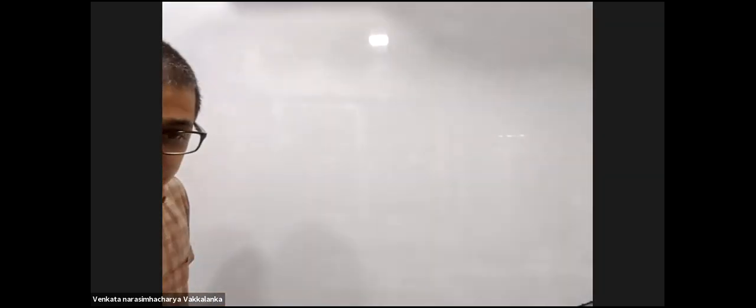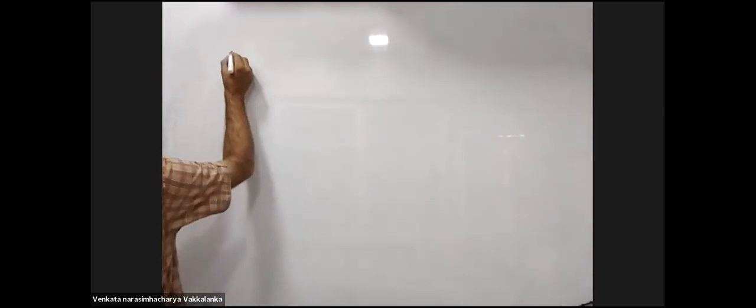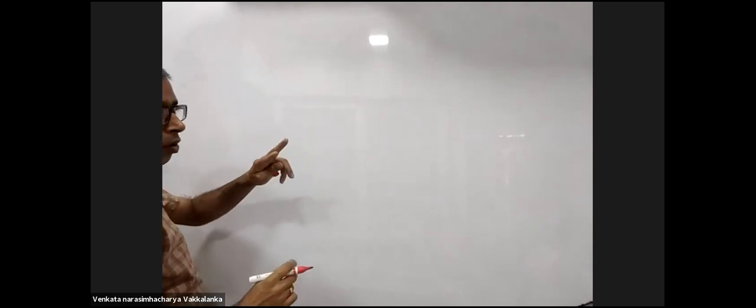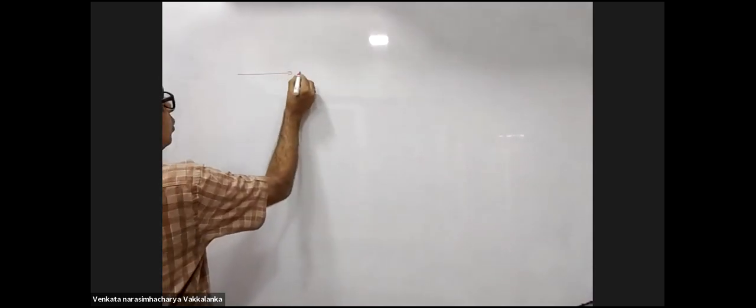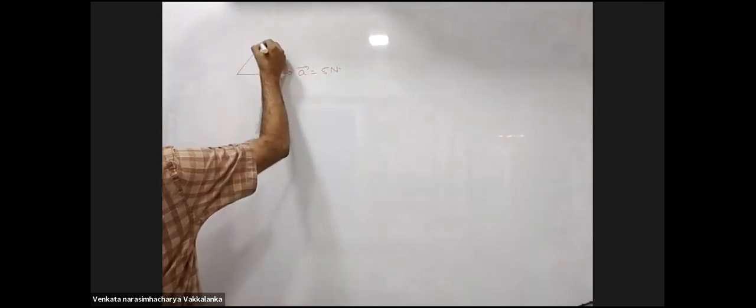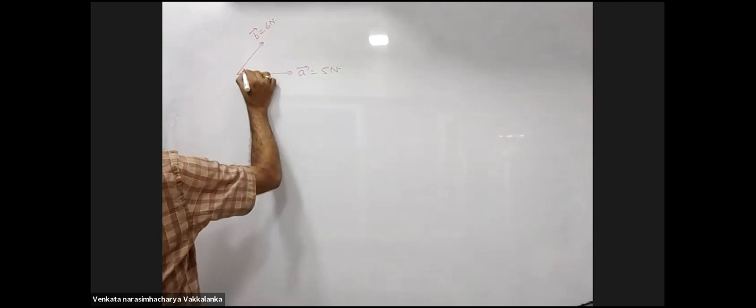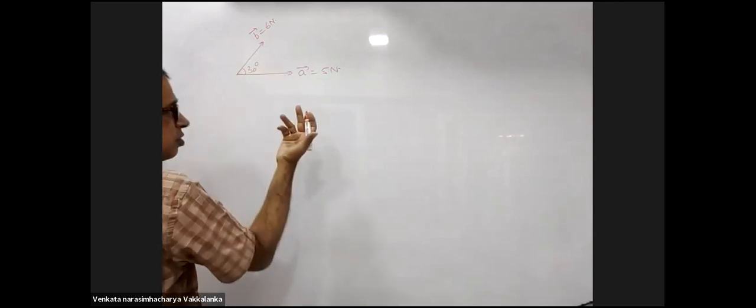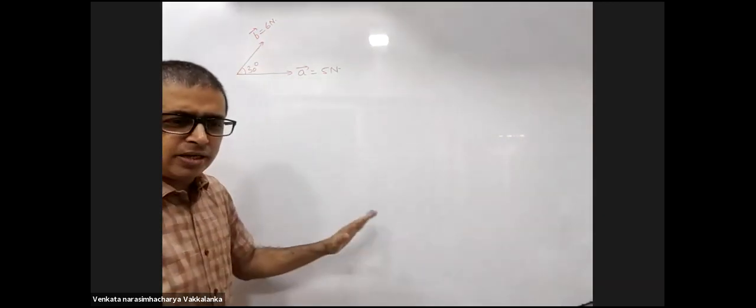Now listen carefully. There are two types of problems that they can give you in dot product. One is they give you a vector A, which is 5 Newton, vector B, say 6 Newton, and the angle between them is 30 degrees. This is the straight hit problem.